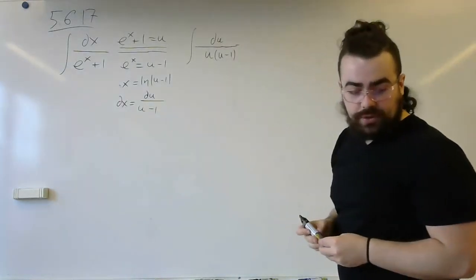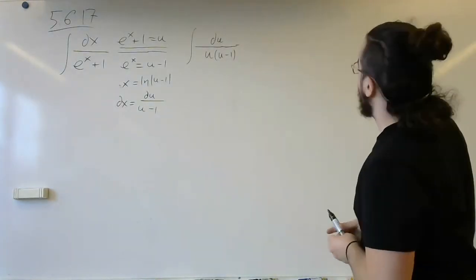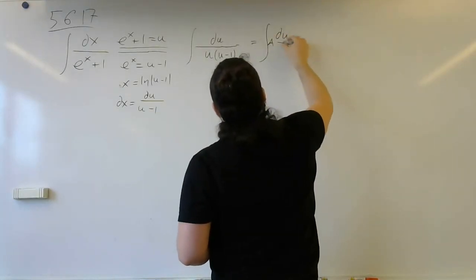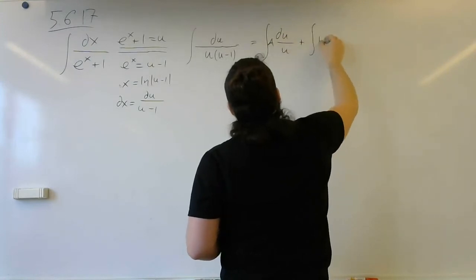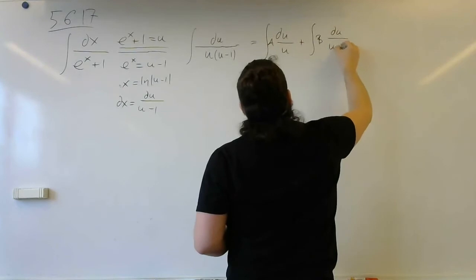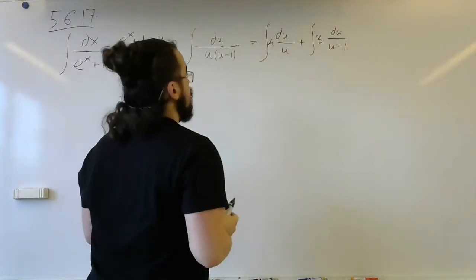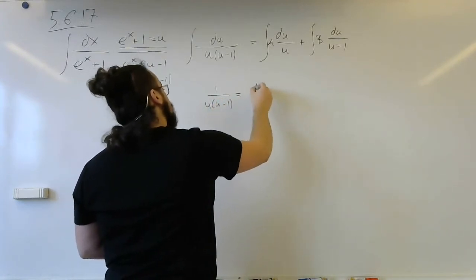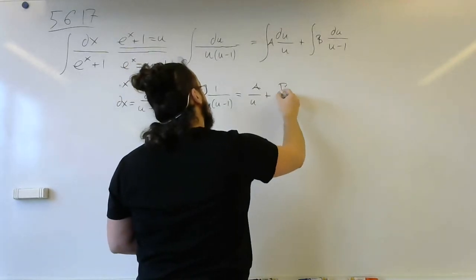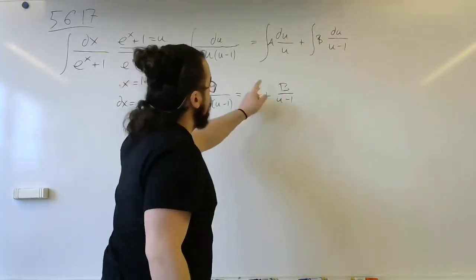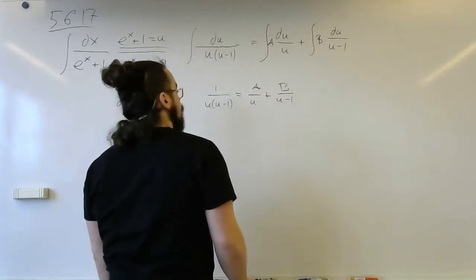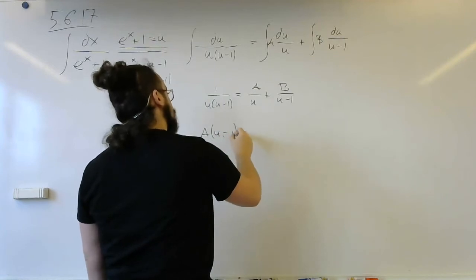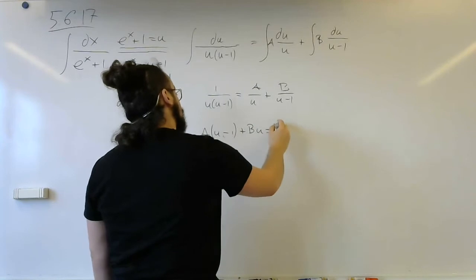Here we have u, and the dx is the u over u minus 1. Now, how do we solve such a thing? It definitely looks bad. So what I'm going to do is to split this into simple fractions. So we have 1 over u times u minus 1 is a over u plus b over u minus 1. And by the rule of sum of fractions, we have that a times u minus 1 plus bu equals 1.